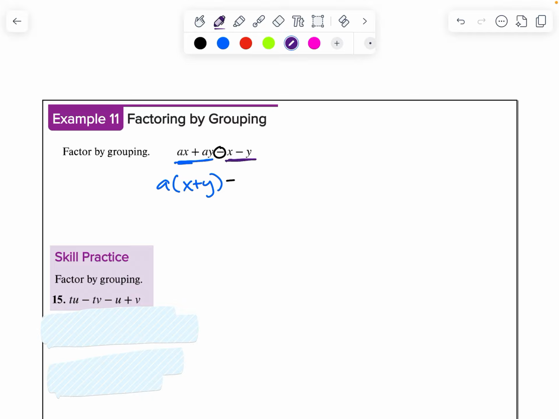If there's nothing to take out, we'll just say we're taking out a 1. And now since I'm taking out a negative 1, it's going to change the sign of every item. Notice now that I did that, I've got a binomial in common, an x plus y in both. And if you take the x plus y out, you'd be left with a minus 1.